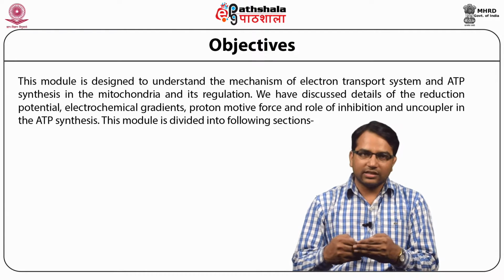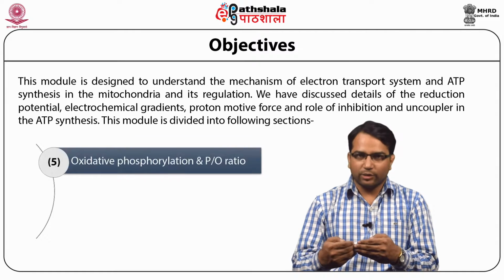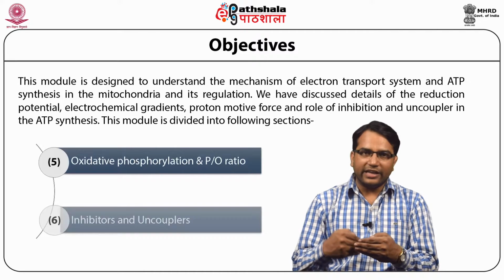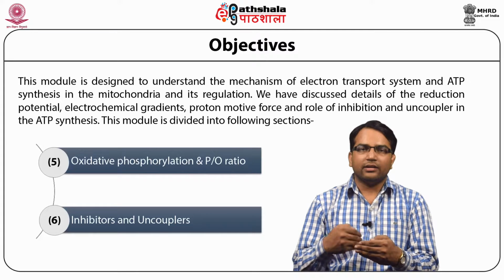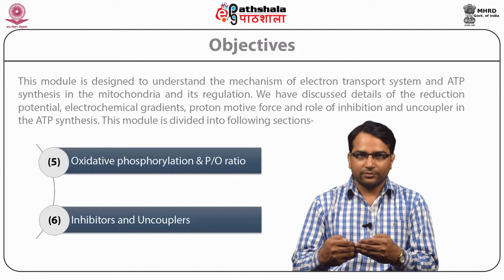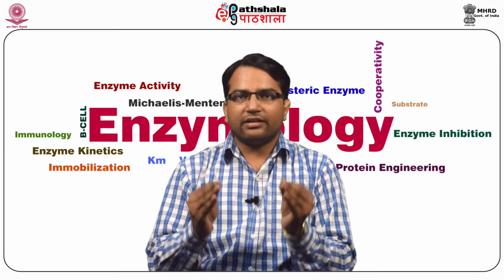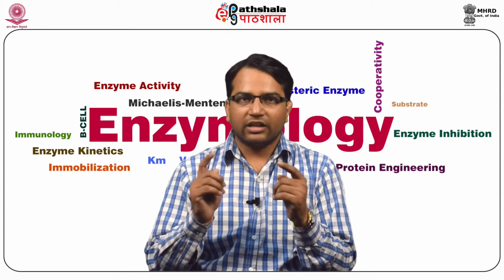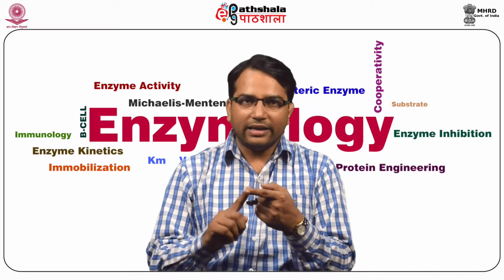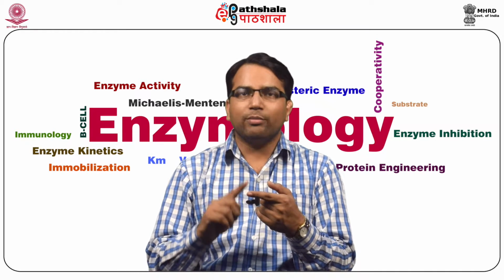We will also discuss oxidative phosphorylation and the P by O ratio. And in the end, we will discuss how inhibitors work on different complexes of ATP synthase and how inhibitors are different from uncouplers.